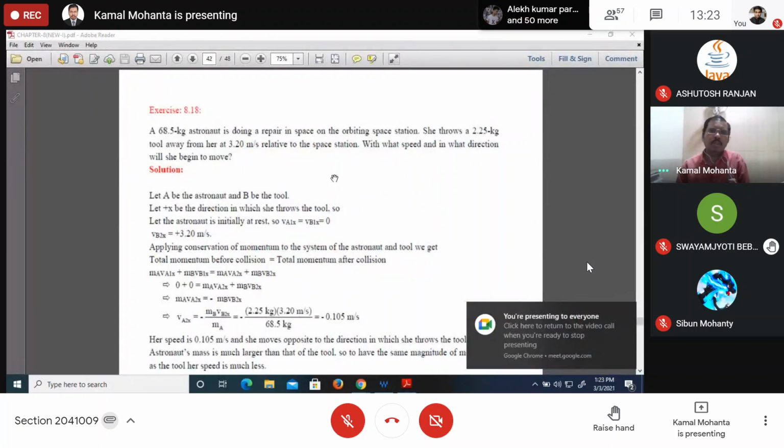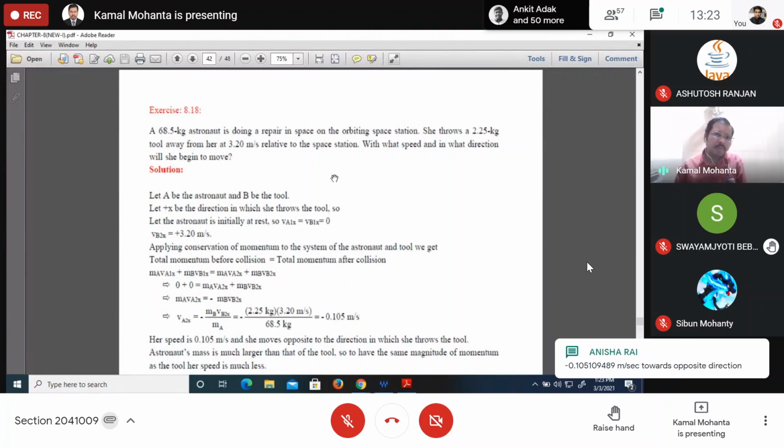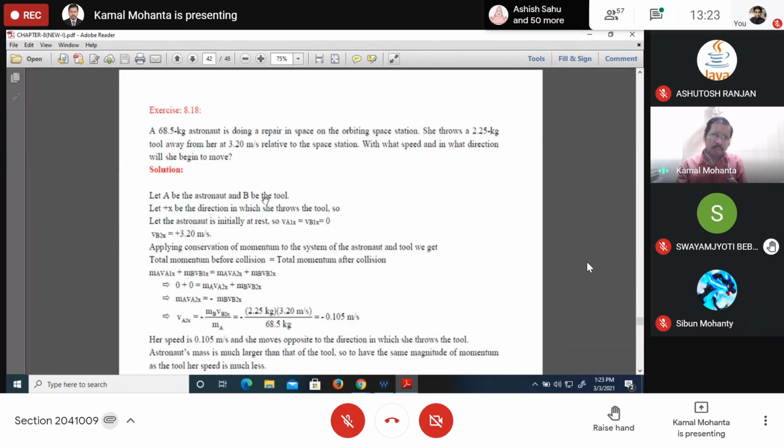Very simple. So we have to consider A to be the astronaut and B to be the tool. If you take the positive x direction in which she throws the tool, initially it is at rest. So V_A1x and V_B1x are equal to 0. The astronaut is initially at rest.